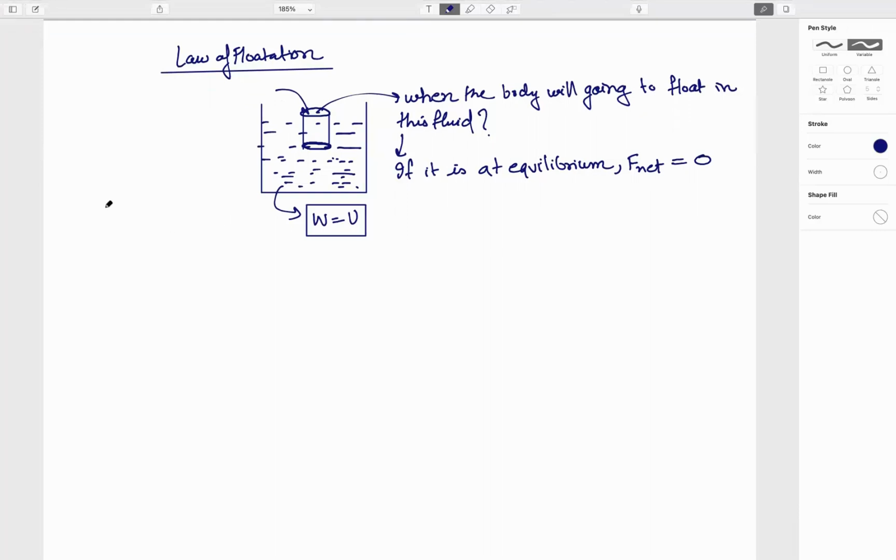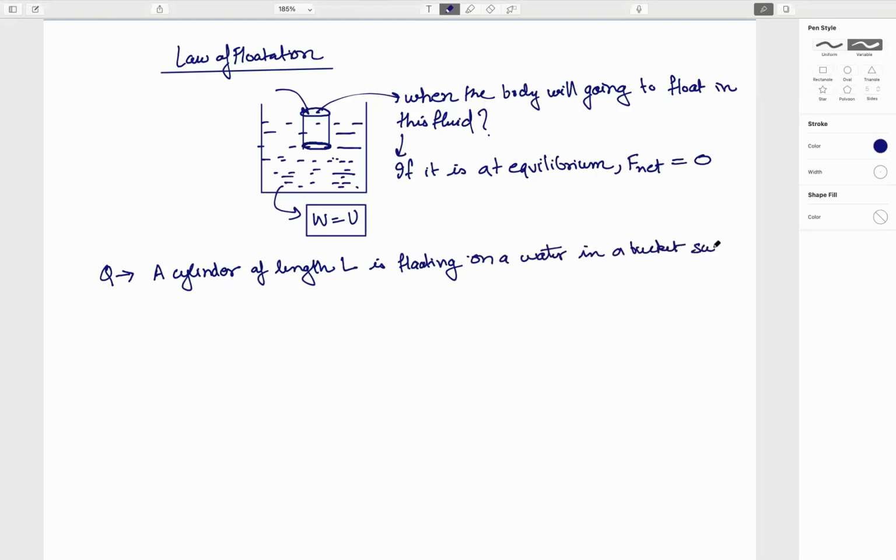So let's take the first question. A cylinder of length L is floating on water in a bucket such that 1/4 of its length is immersed in water and the remaining is in air.